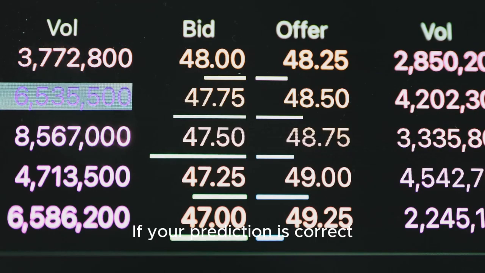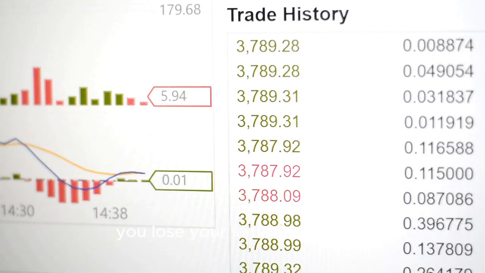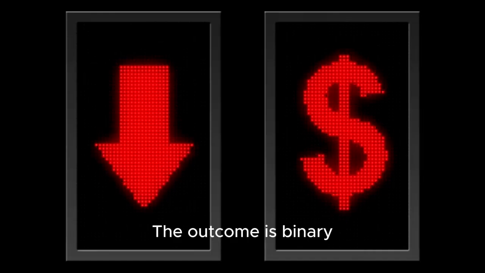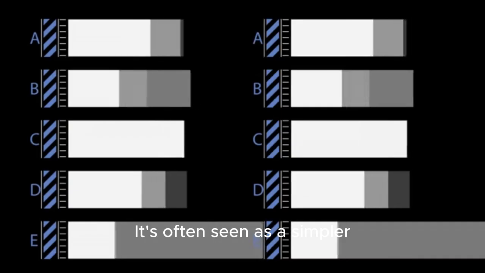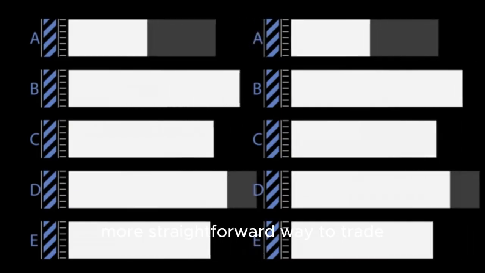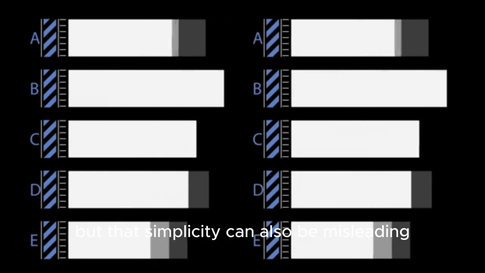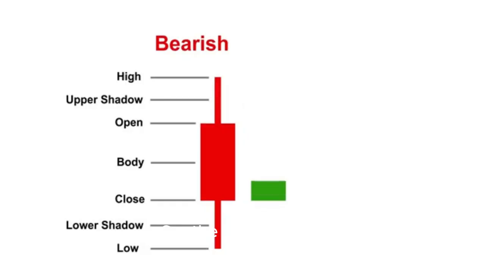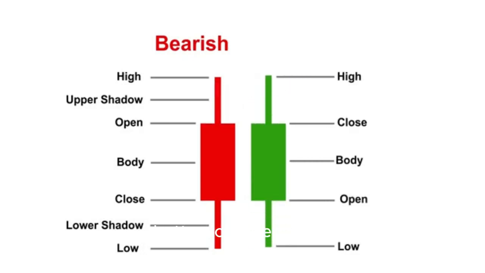If your prediction is correct, you win a predetermined payout. If you're wrong, you lose your initial investment. The outcome is binary. It's either one or the other, hence the name. It's often seen as a simpler, more straightforward way to trade, but that simplicity can also be misleading, and we'll touch on that more.